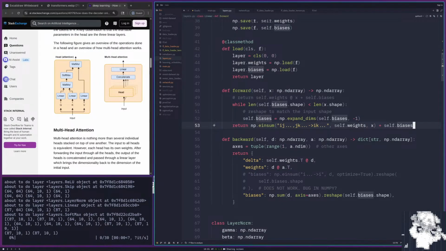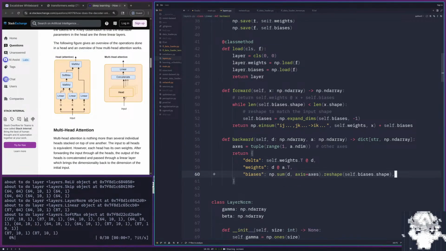I don't need to write that, that's obvious. This was our bug in NumPy. We'll just delete that.